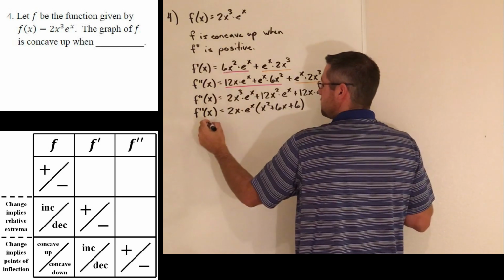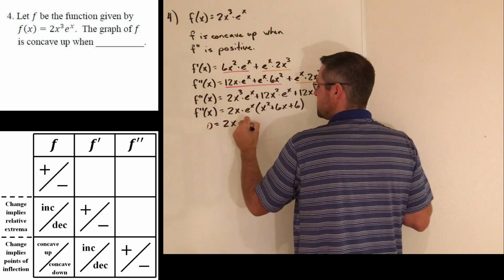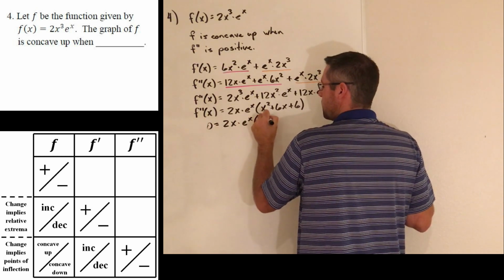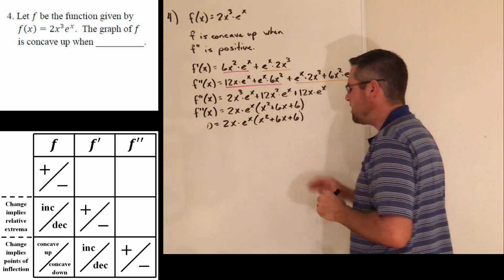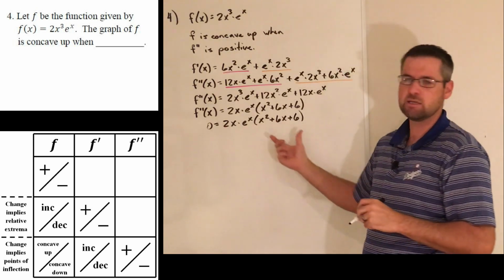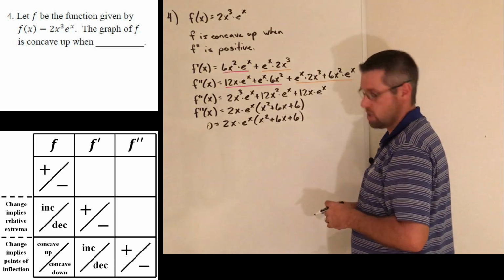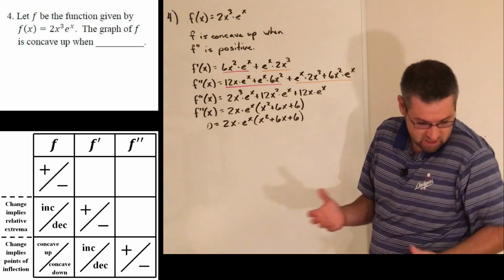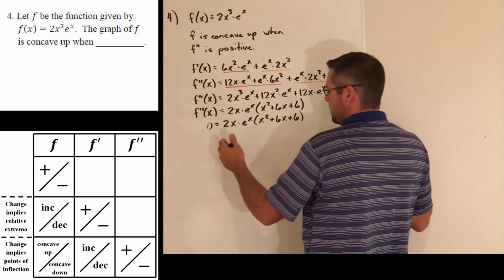So the first thing I have to do is figure out when f double prime is equal to 0. So we take 2x times e to the x times x squared plus 6x plus 6, and then we use our calculator to find the zeros. We type this into our y list, graph it, and find the zeros over any intervals it gave us. It didn't give us any intervals, so we'd be looking for all real numbers here.